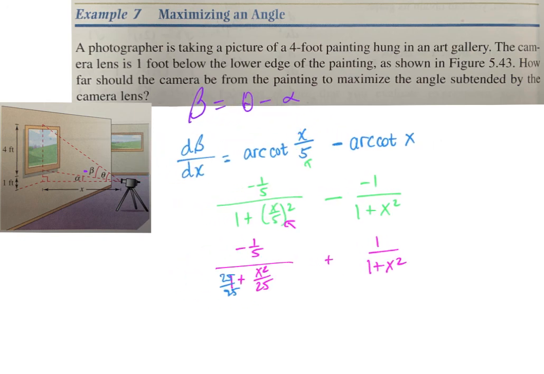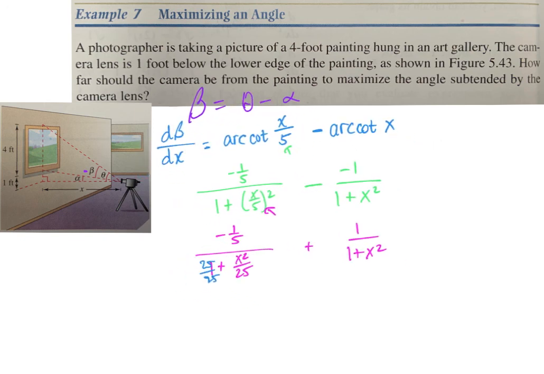I'm going to move this out of the way, running out of room. We have negative 1/5 over 25 plus x squared over 25. If you do it over to the side, negative 1/5 times 25 over 25 plus x squared, these cancel out, and that's where we're getting our negative 5 from.